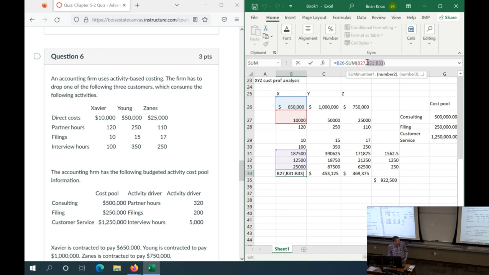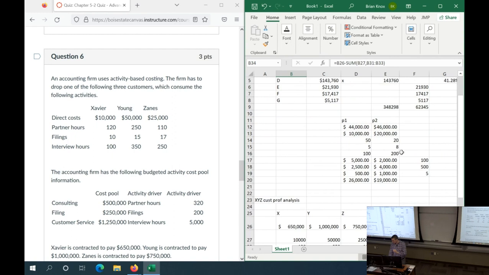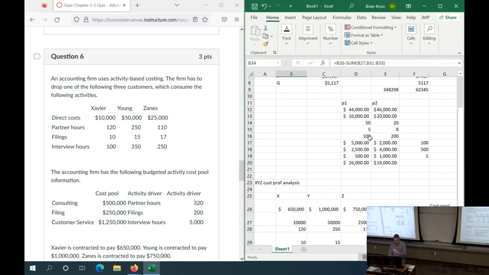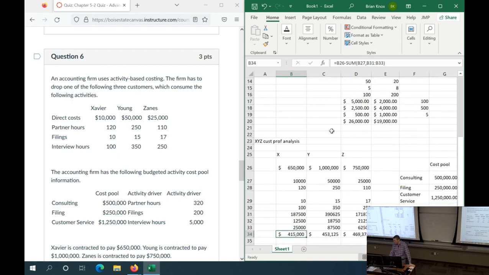I think last time I set a problem up that was like this, on Tuesday when I did this kind of problem, the profitability of these, I put subtotals of the costs, and so that made it clearer, I think, what I was doing in that line. But okay, gotcha.